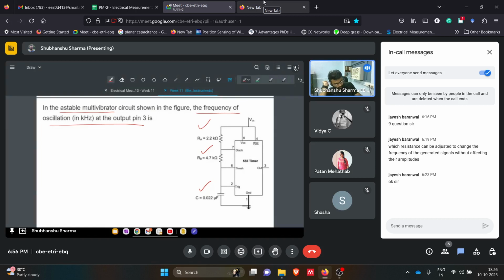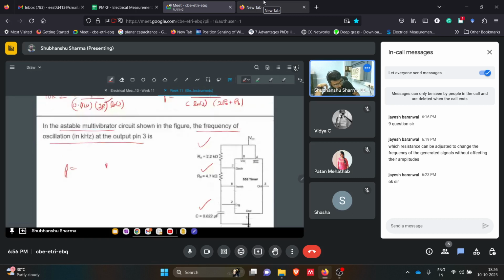In this case, they have already given RA, RB, but they are asking this in another way. So frequency is 1 by C ln of 2 (RA plus 2RB).